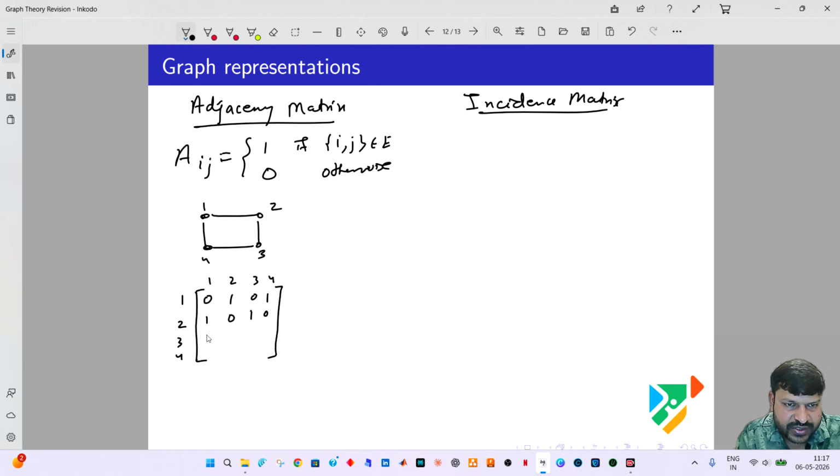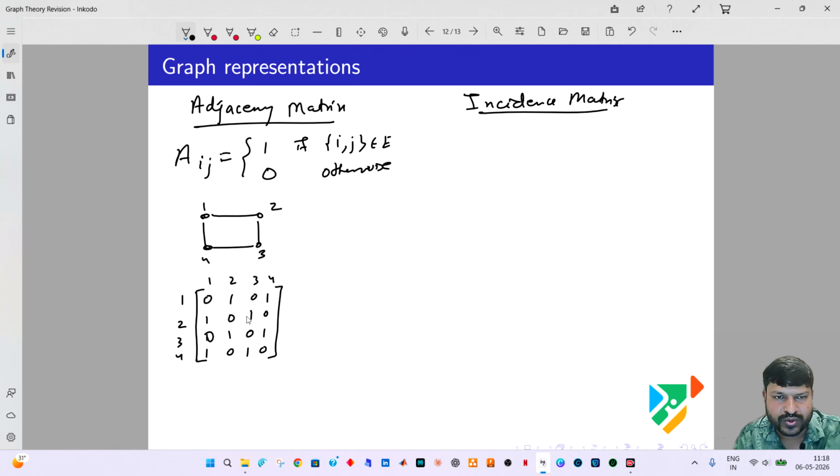Similarly, 3 is not adjacent to 1, adjacent to 2, not adjacent to 3, but adjacent to 4. Similarly, 4 is adjacent to 1, not to 2, adjacent to 3, not to 4 itself. If you see it clearly, the adjacency matrix is a symmetric matrix and it has several properties.